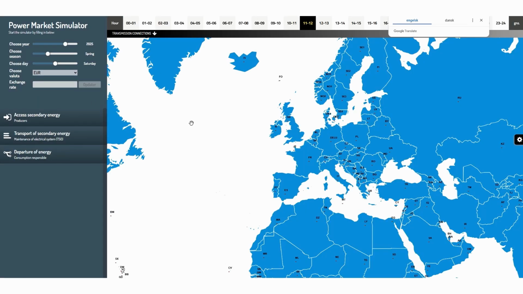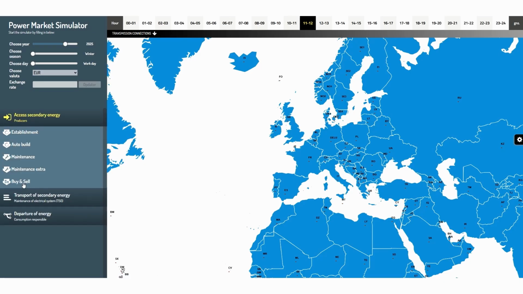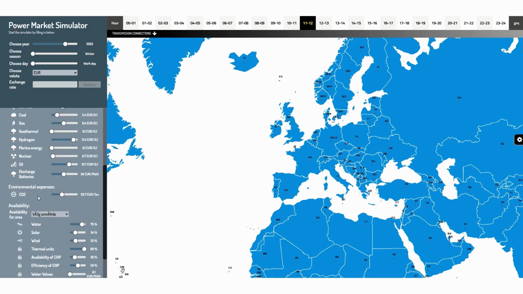We should calculate on a winter workday, and when we look here at the availabilities, the time we should calculate was from 4 to 5 PM, and then you can see the availability of the CSP plant is 78%, and the efficiency of CSP is 50%.